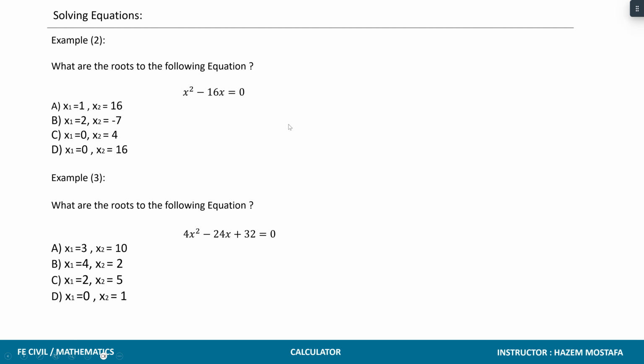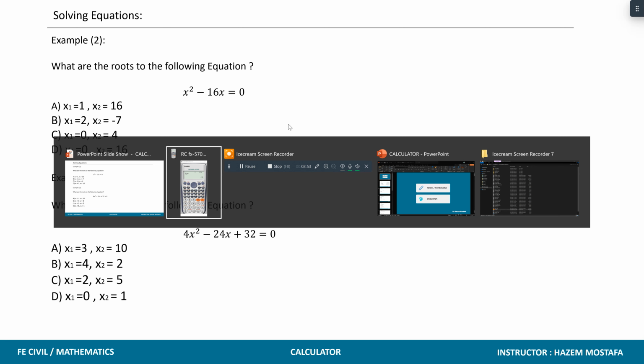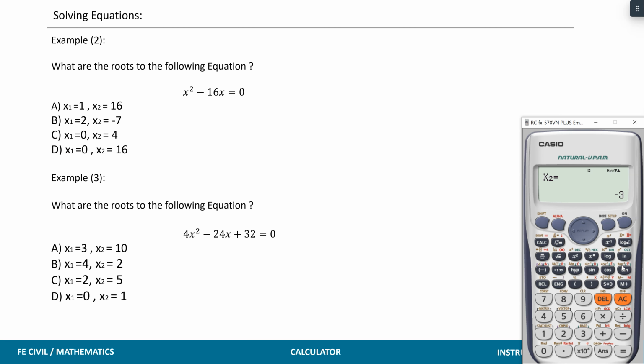We're going to solve another one on the second degree equation. Once you finish here, you can press equal again. It's going to return to the same equation. So we're going to start by inserting the new equation, which is x squared minus 16x equals 0. What's the coefficient next to x to the power 2? It's equal to 1, so I'm going to insert 1, and the coefficient of x is -16.